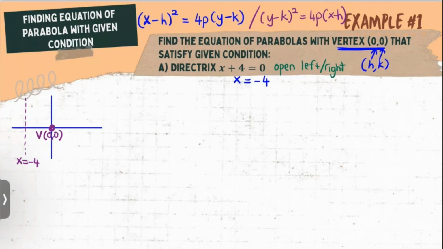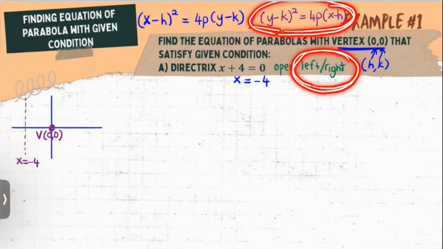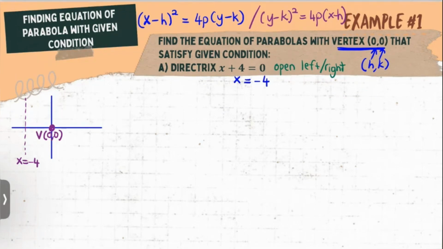Okay, so bila dia open left atau right, so formula apa yang saya akan guna? Y minus k squared. Okay, so first of all, kita dah tahu formula kita adalah y minus k squared equals to 4p x minus h.